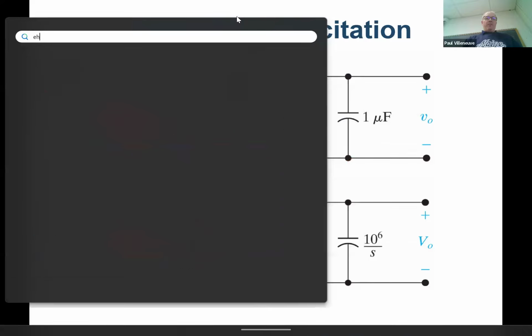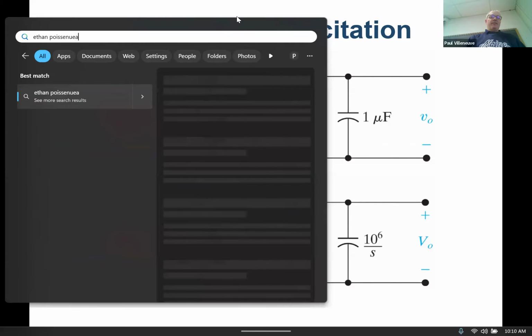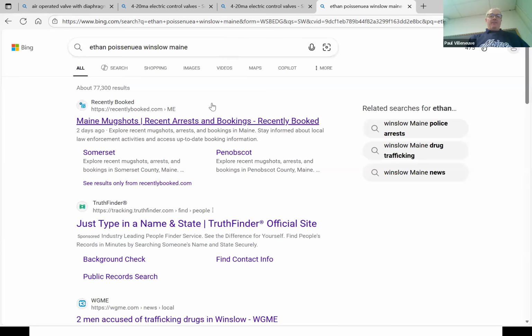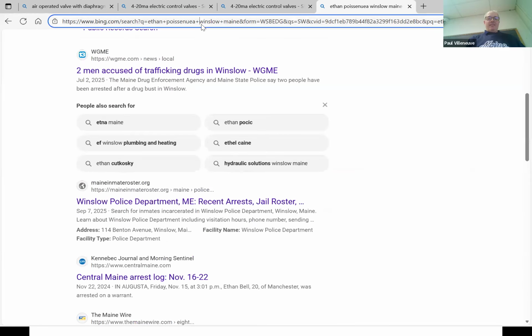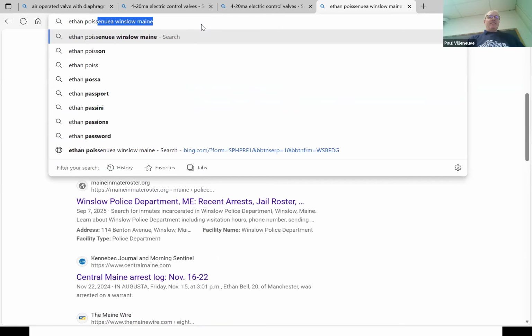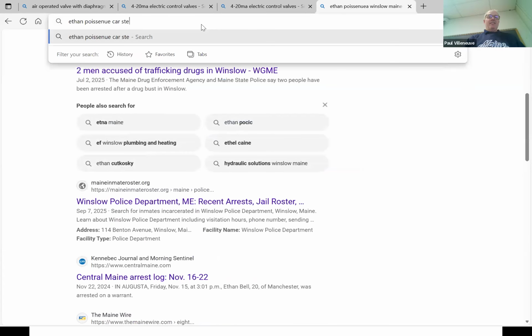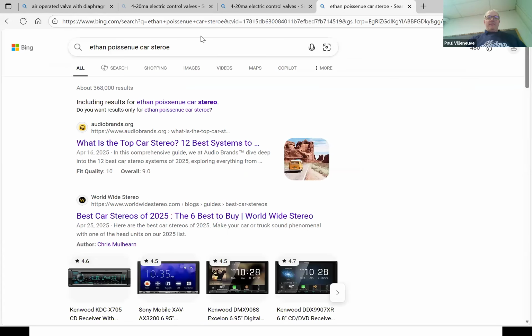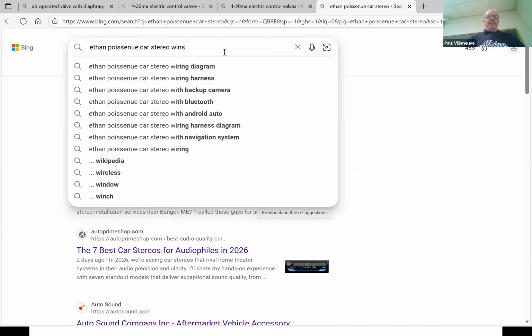I'll show you a former student of ours. I won't say his name right. He was not arrested, I believe. Where is he? He's in Winslow, Maine.